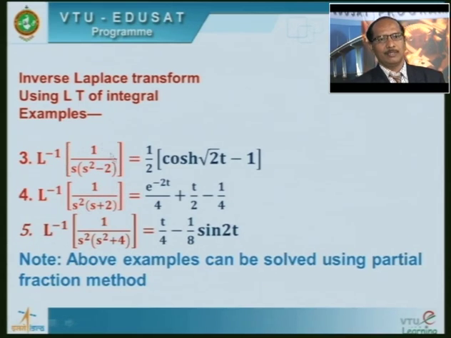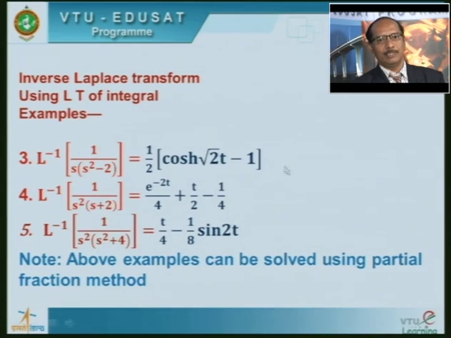For the third example, one is a linear factor and the other one is quadratic, one can always use partial fractions: A divided by s, (Bs plus C) divided by this. And in the fourth example, it is a repeated linear factor, s square means s is a linear factor repeated 2 times. For that, A divided by s, B divided by s square, plus the other one is also linear, C divided by s plus 2.